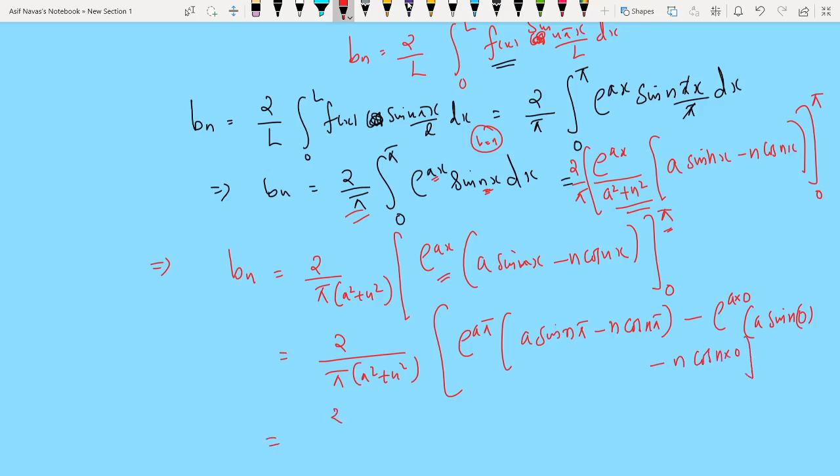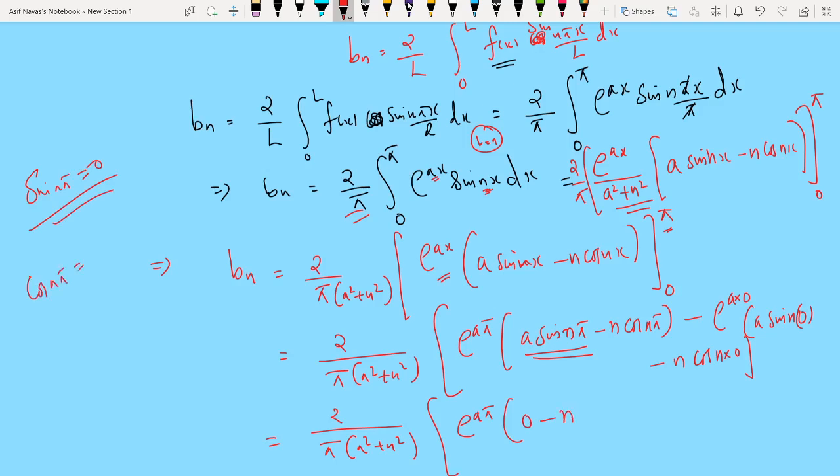So this is equal to 2 by pi into a square plus n square, e raised to a pi sin n pi. We know that sin n pi is equal to 0, so 0 minus n into cos n pi. cos n pi is equal to minus 1 power n, so n into minus 1 power n, minus e raised to 0, which is 1, times a sin 0, which is 0, minus n cos 0, which is n, so minus n.